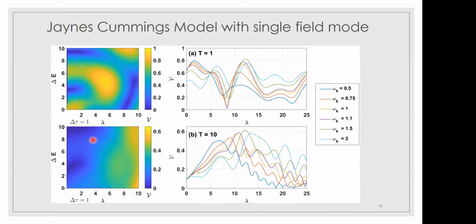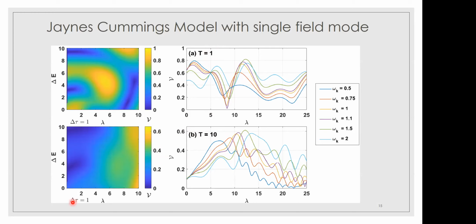So what one sees here again is the interplay between delta E and lambda, which one can calculate simply. The interesting effect one sees here is also of the temperature. Depending on P beta, where beta is the inverse temperature, one sees that the visibility is in general lower for higher temperatures, comparing, let's say, T equal to 1 with T equal to 10.